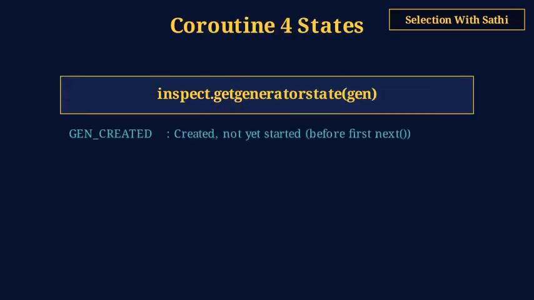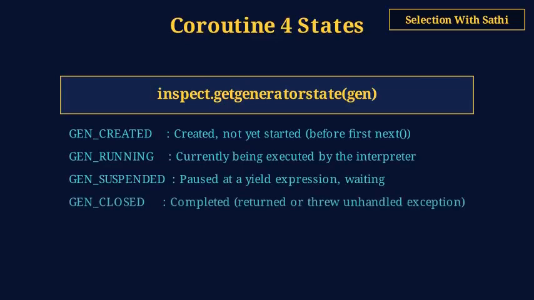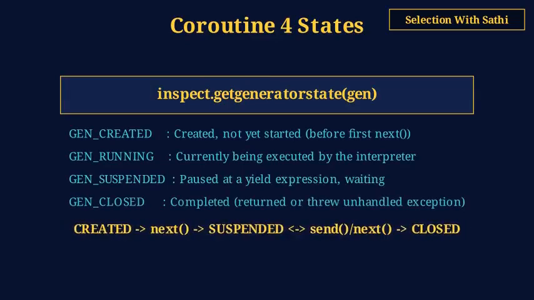A coroutine goes through four states during its lifetime. Gen_created is the initial state. The coroutine has been created but not started yet. Gen_running means it is currently executing. You rarely observe this state.